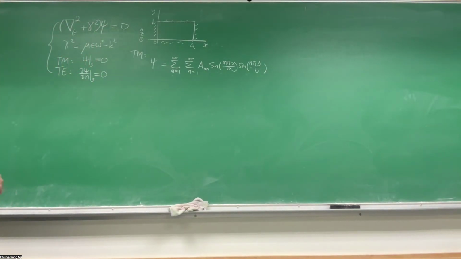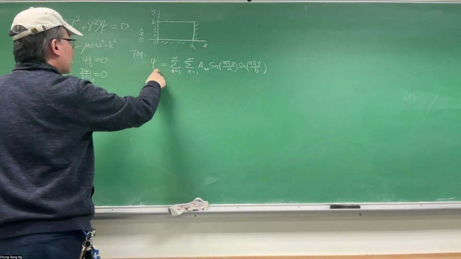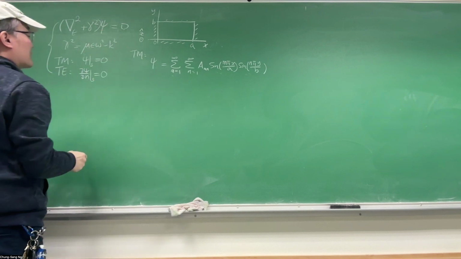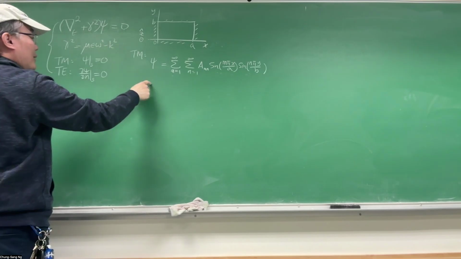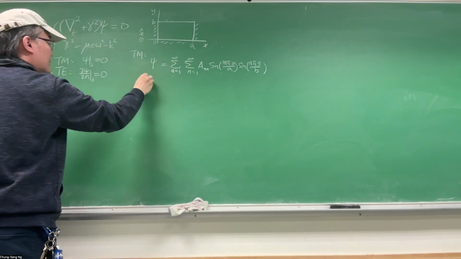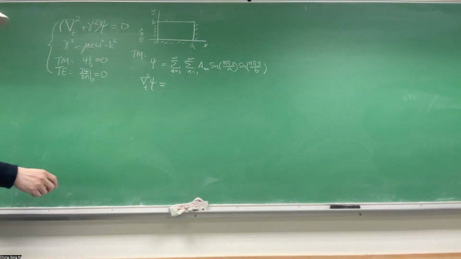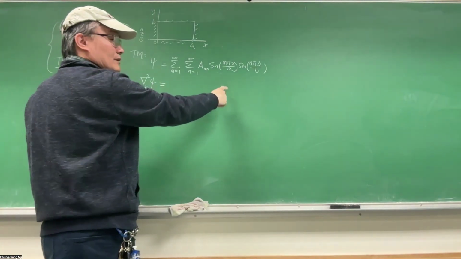Okay, but that's the form of psi, and you still need to satisfy this equation. So you substitute this back in here. When you substitute it, you need the Laplacian. This is a transverse Laplacian. The transverse Laplacian is just taking the partial squared over partial x squared plus partial squared over partial y squared.